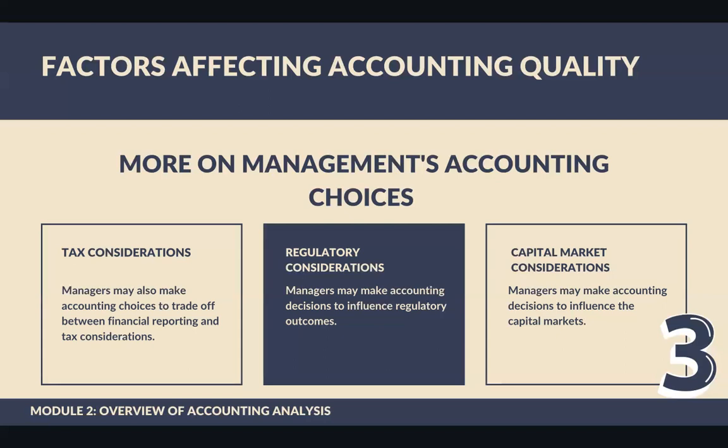So if there are far more benefits in taking hold of these tax savings, then managers may actually choose accounting policies and estimates that are more favorable for tax purposes.